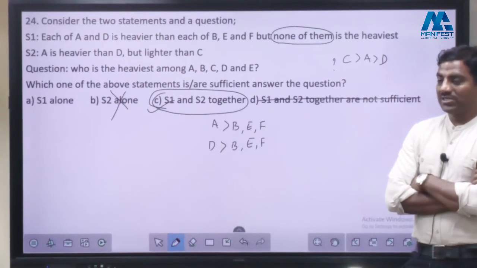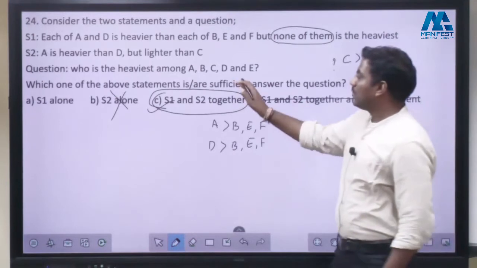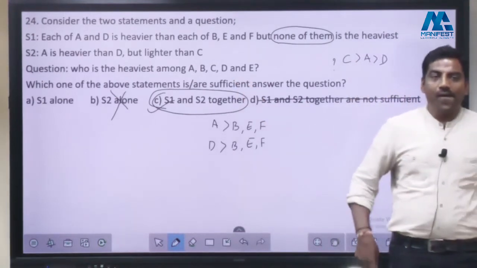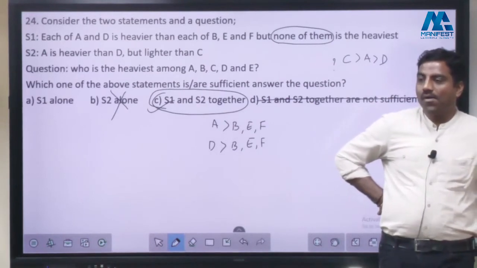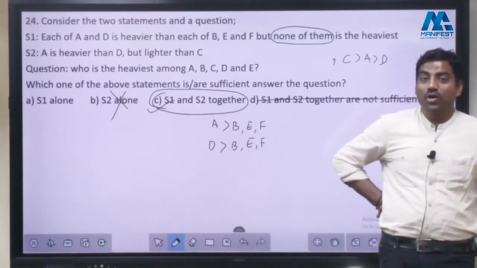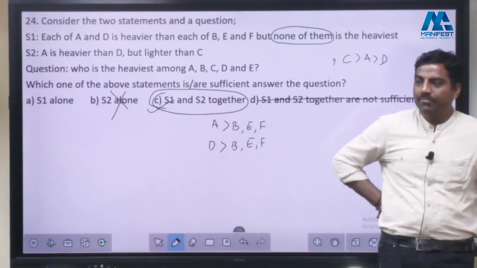If they had asked the question, who is the lightest among A, B, C, D, E? Then also we would have gone for C, no? Yes or no? Anyways, A and D are heavier than B and E. Among B and E, we cannot decide.